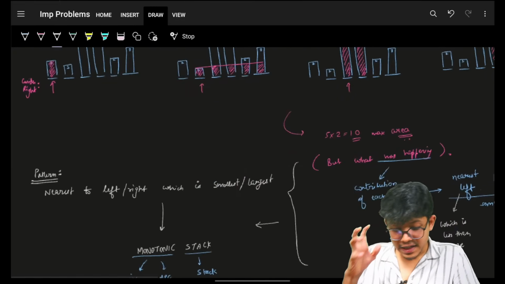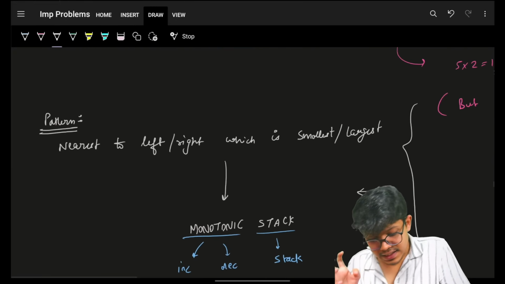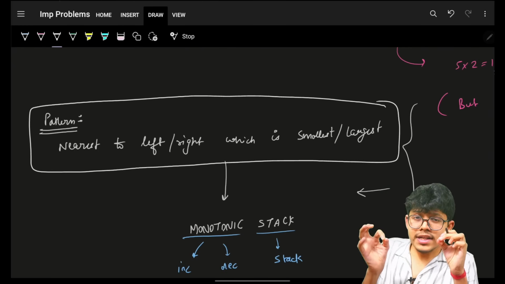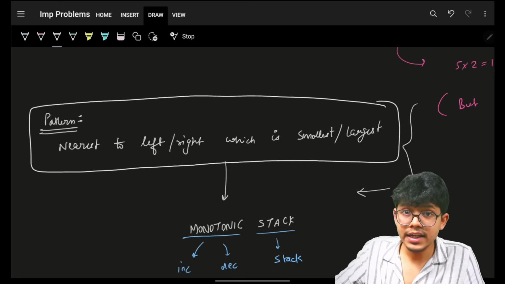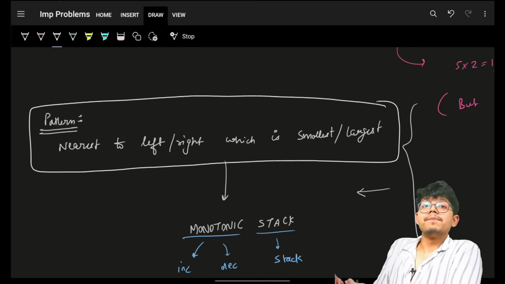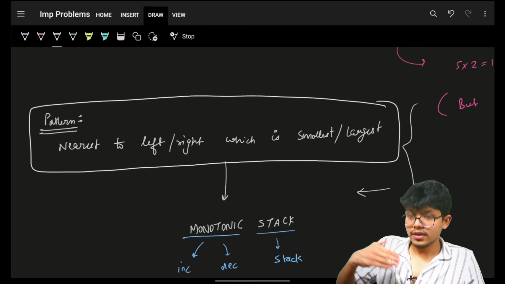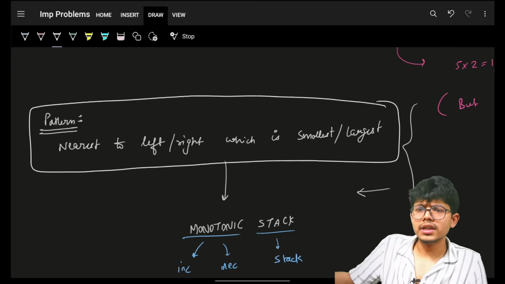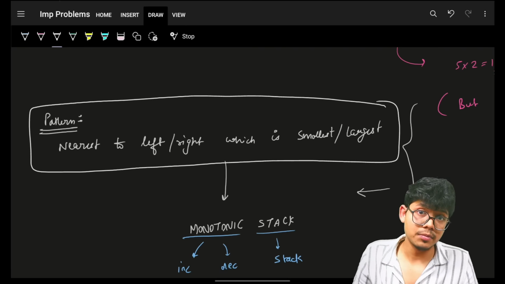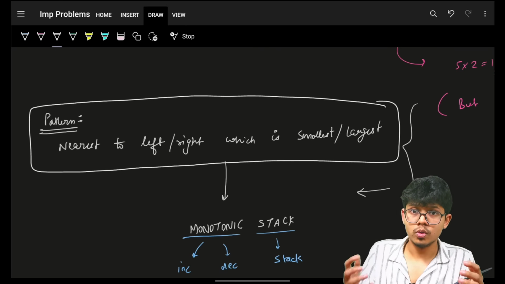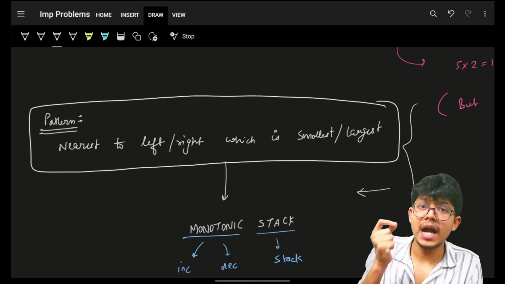Yeah, so whenever I have to find the nearest to the left or right, which is smallest or largest, okay, nearest to the right which is smaller than me, nearest to the left which is smaller than me, nearest to the right which is larger than me, nearest to the left which is larger than me, I can choose to do one specific pattern.